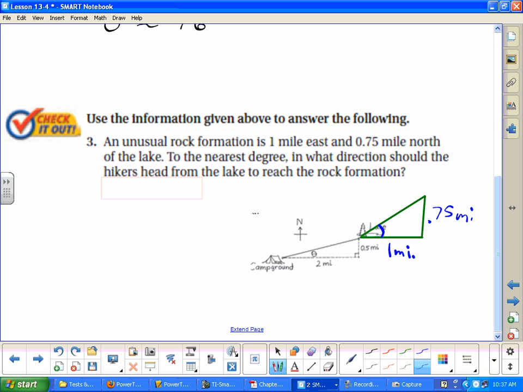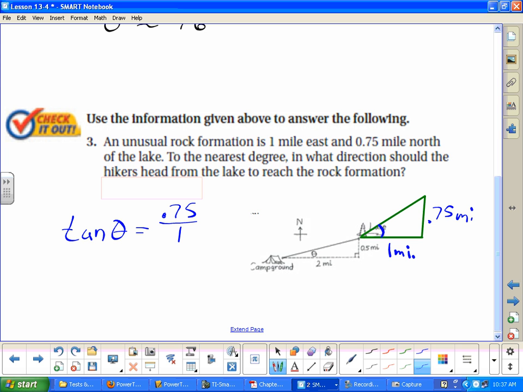Okay, and so I know Ridge knows how to figure it out now. Okay, who else knows? Which trig function are we using? Travis? And why are we using tangent? Okay, tangent of our angle equals opposite, 0.75, over the adjacent, which is 1, which is just 0.75, isn't it?